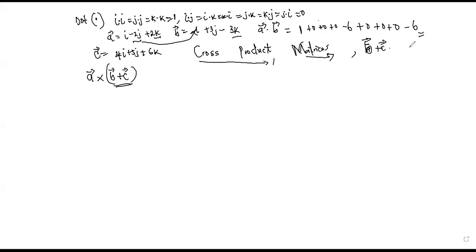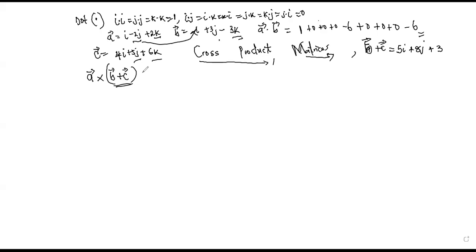So B plus C, we are going to get 5i. Then for the J component, 3 plus 2 gives 5, so you have 5j, right? So lastly, for K, K here is minus 3K and here is plus 6K, so I'm going to have plus 3K, right?